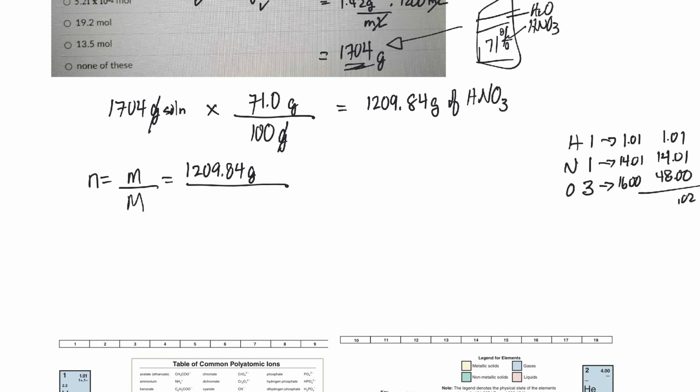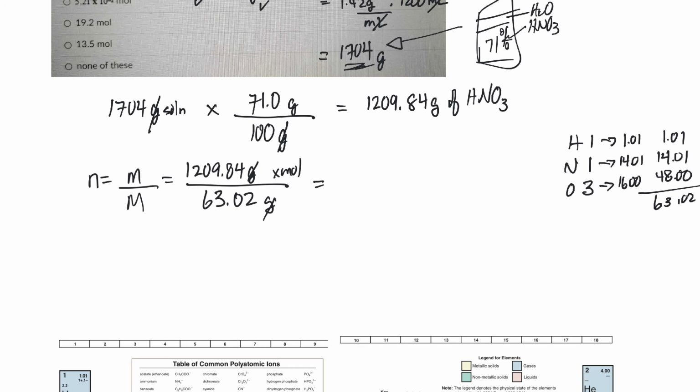So it'll be 63.02. So the molar mass of nitric acid is 63.02 grams per mole. The grams cancel, and I'll take that number I had, divide 63.02.